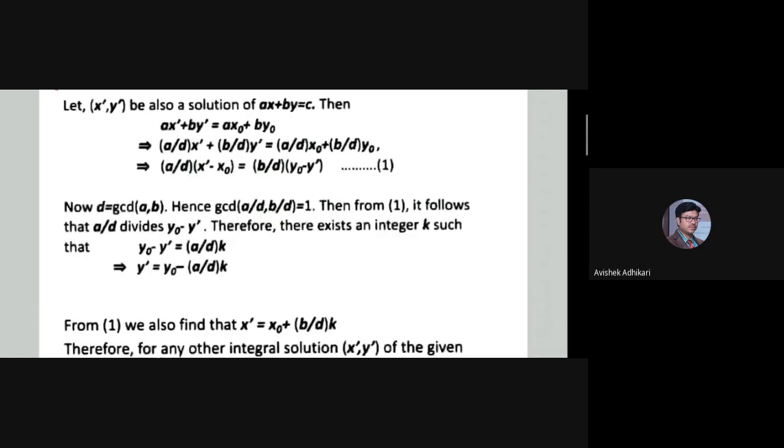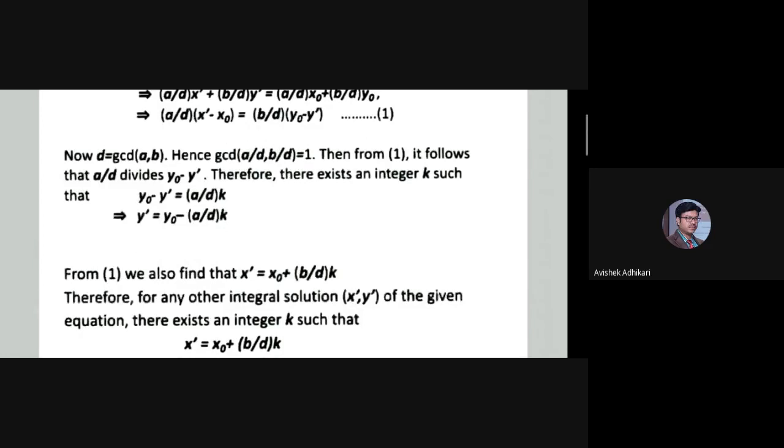Simplifying, y' equals y0 minus (a/d)k. Similarly, we can do the same for x'. We can write x' as x0 plus (b/d)k, where k is any integer.